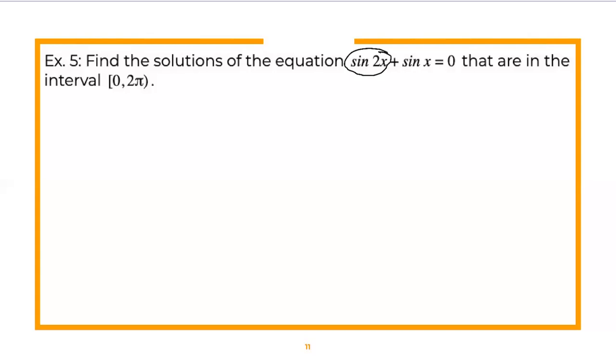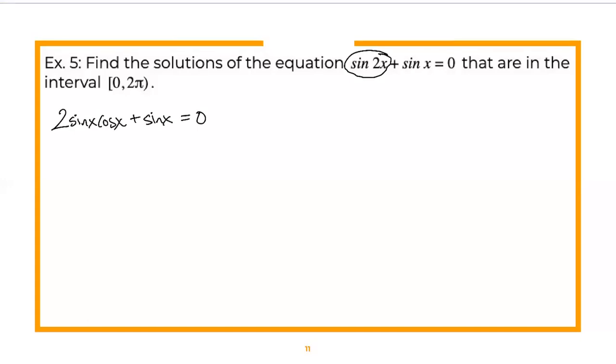That means instead of sine 2x plus sine x equals 0, I can write it as 2 sine x cosine x plus sine x equals 0. The nice thing about writing it like this is I can take out a greatest common factor. And now, because I have something times something equals 0, I can split this into 2 different equations.